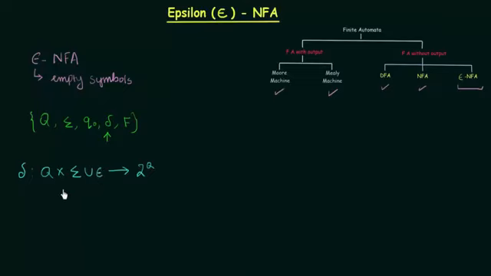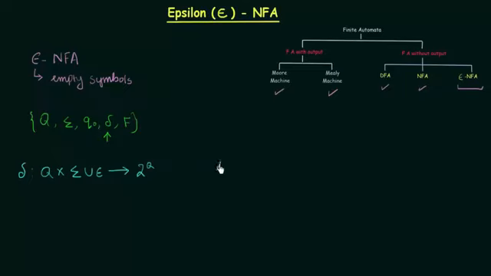What does this mean? This means that any state on getting a particular input could go to any of the 2 power Q states, or it could also go to no states. And union epsilon means that the state on seeing nothing, or on seeing an empty symbol, could also go to one of the states. This will become clear when we take the example.